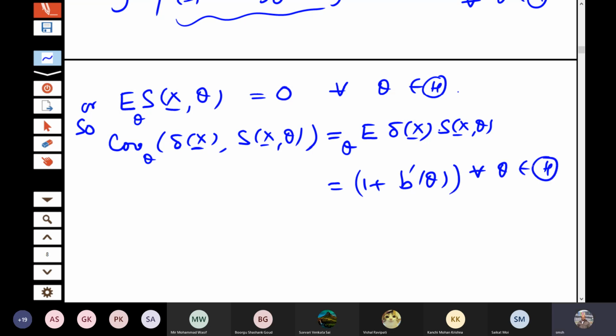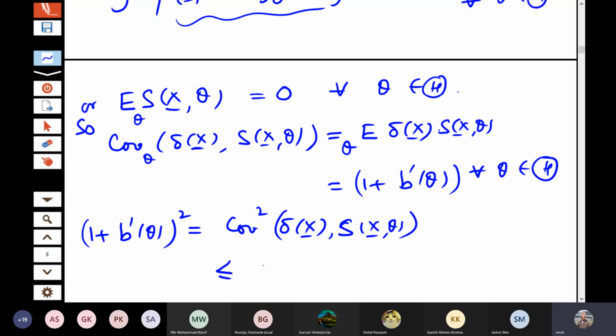Once again, I will make use of the correlation inequality or covariance inequality. So we have (1 plus b prime theta) square, I can write it as covariance square of delta x and S(x, theta).